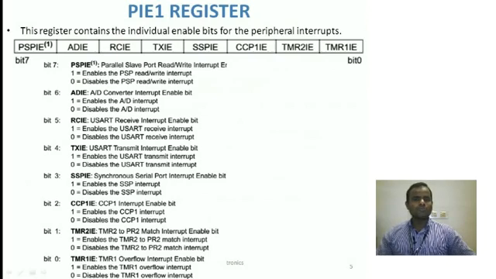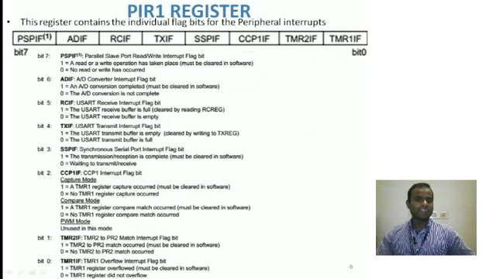So this is what constitutes peripheral interrupt enable register 1. As you can see, all the peripheral devices which are on board your PIC microcontroller are represented in this register.